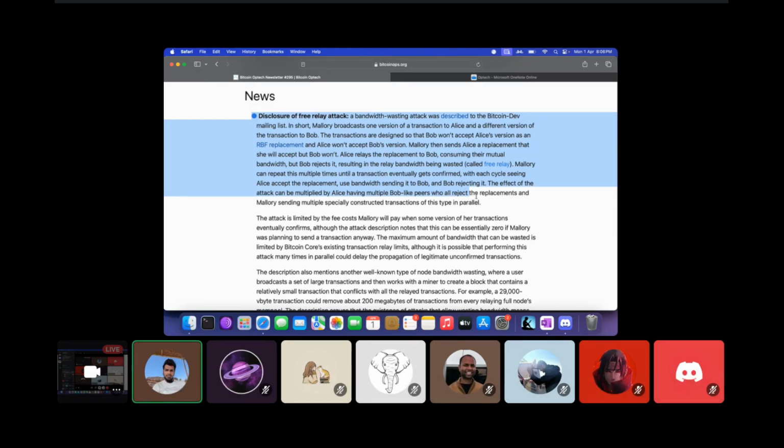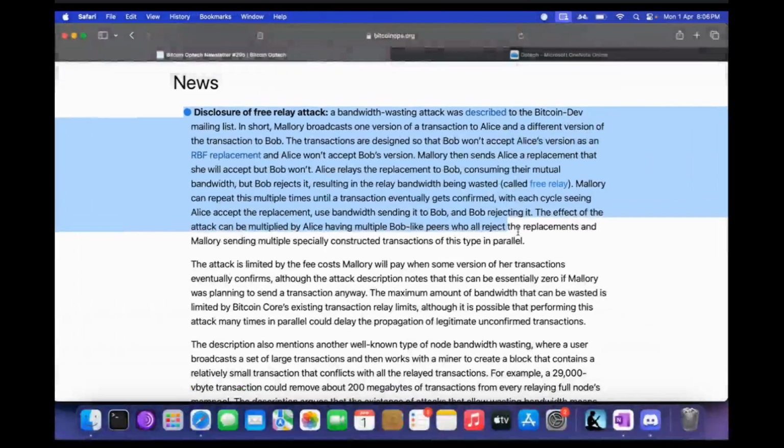Mallory can repeat this multiple times until a transaction eventually gets confirmed, with each cycle seeing Alice accept the replacement, use bandwidth sending it to Bob, and Bob rejecting it. The effect of the attack can be multiplied by Alice having multiple Bob-like peers who all reject the replacements, and Mallory sending multiple specially constructed transactions of this type in parallel.